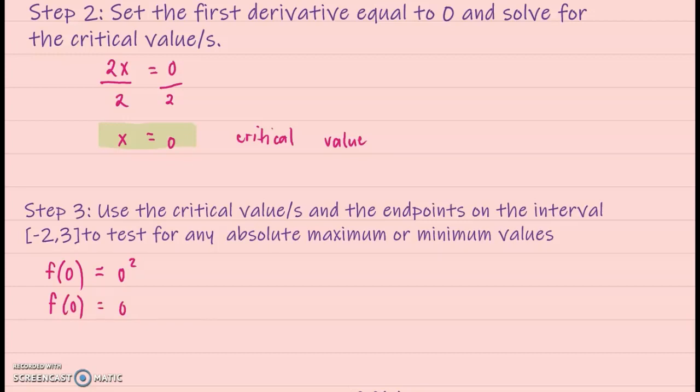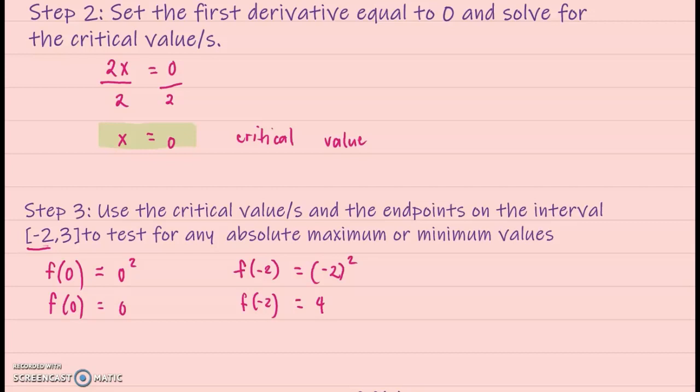Next, we are done with evaluating our function using our critical value. So we will go now to the endpoints of our interval. First we have -2. So we will have f of -2, that's equal to -2 squared. So f of -2 is 4.